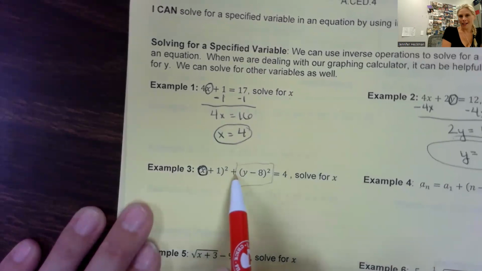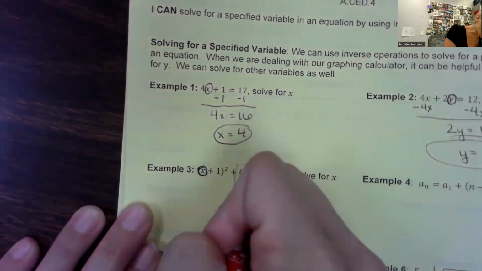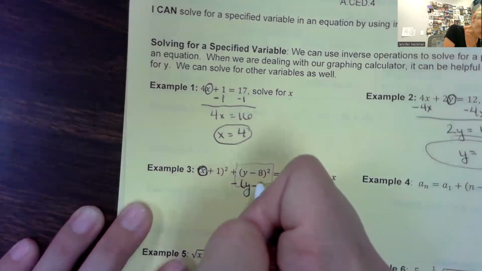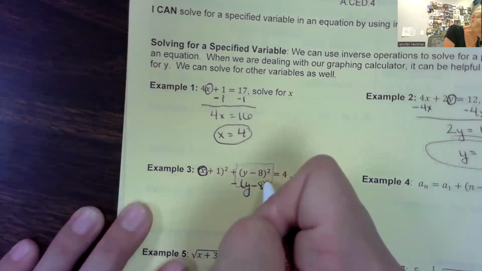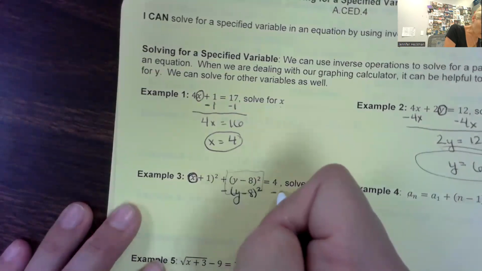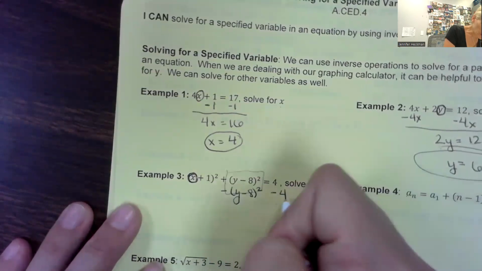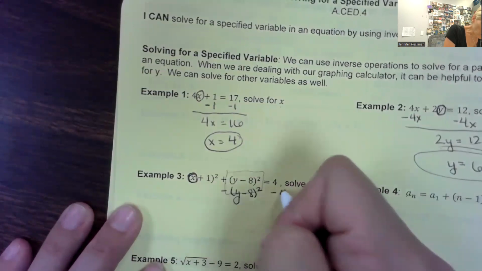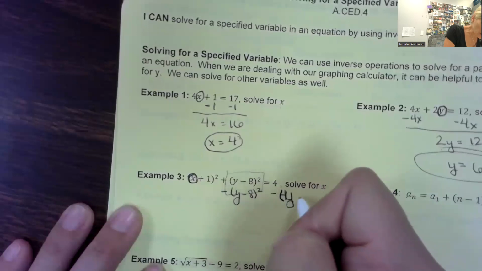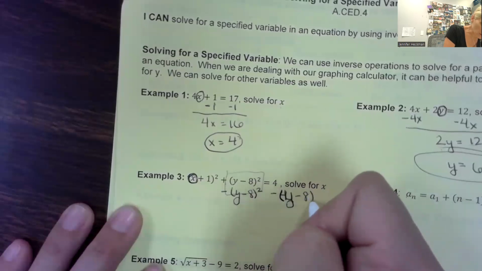It's adding. So how do I get rid of it? I subtract it. I don't do it in pieces because all of it is adding to x, y minus 8 squared.